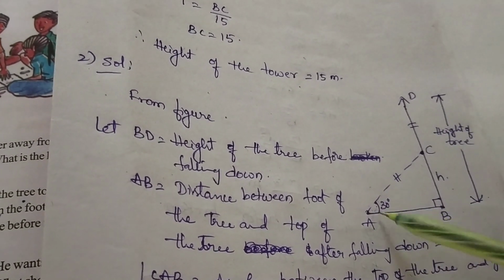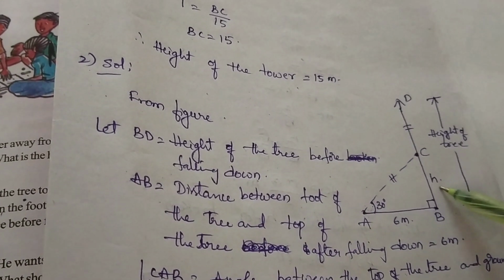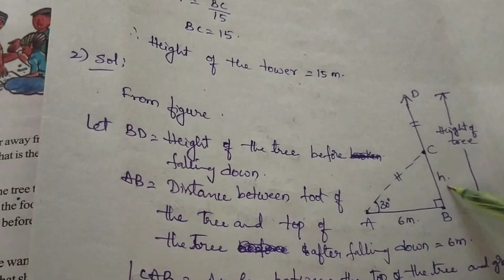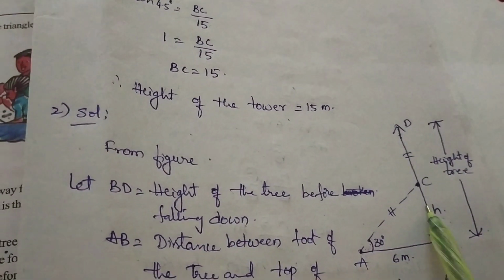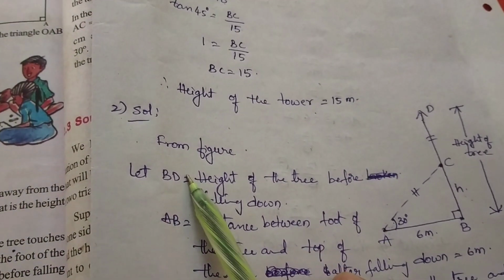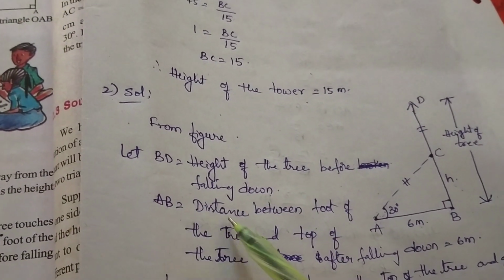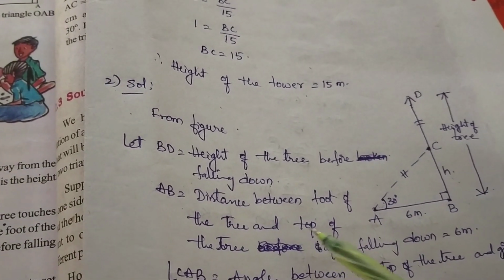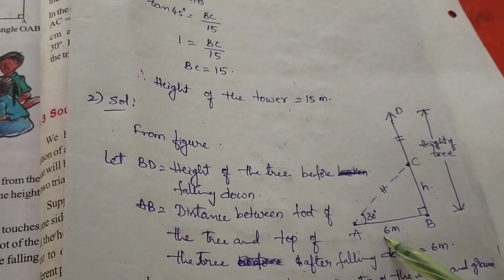For that, first I am going to calculate from this triangle BC, that is the height of the tree after it broke, the remaining part of the tree. So from the figure, let BD be the height of the tree before falling down, and AB is the distance between the foot of the tree and the top of the tree after falling down, that is 6 meters.